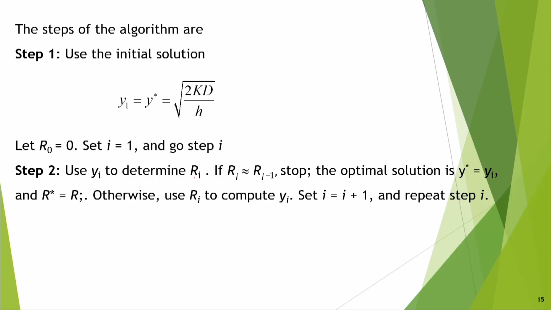Next step: use yi to determine Ri, and if Ri becomes equal to R(i minus 1) in two consecutive iterations, then you can stop. The optimal solution is then y star equal to yi and R star equal to Ri. Otherwise use Ri to compute yi, set i equal to i plus 1 and repeat step i.